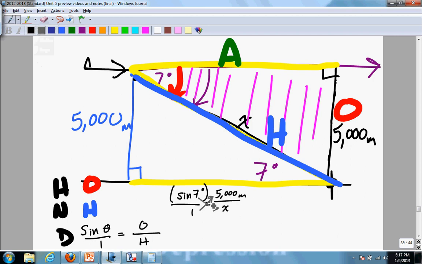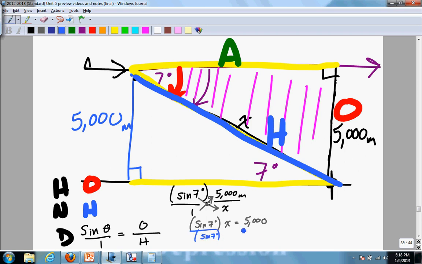Now we cross multiply. I have sine 7. Remember, that's not 7, it's sine 7 times x equals 5,000. I'm going to wait for you to catch up. I'm going to divide both sides by sine 7.